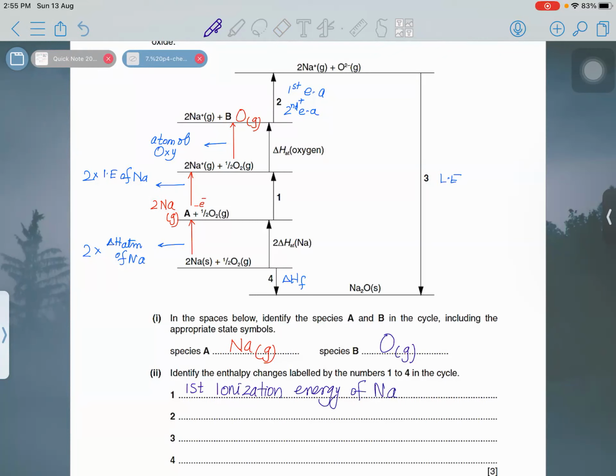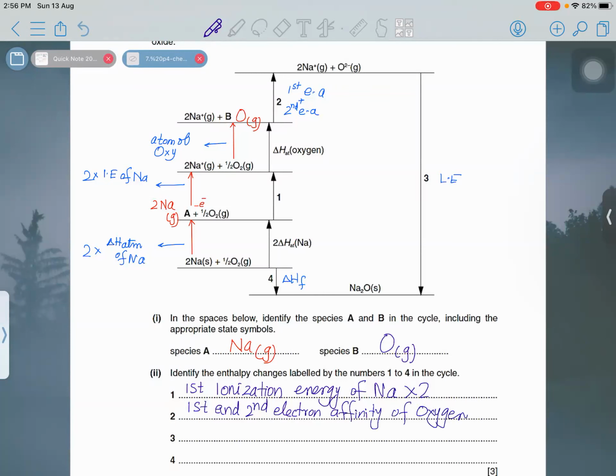And what is 2? It's the first and second electron affinity of oxygen.